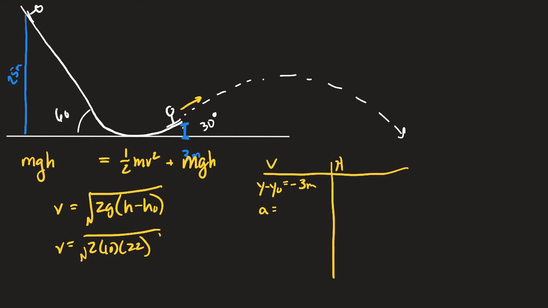The acceleration, minus 10 meters per second squared. I know for Mastering, you've got to use all 9.8. Enjoy. The initial y velocity is going to be whatever this is times the sine of 30 degrees, so half of it. And you need to figure out how long they're in the air.